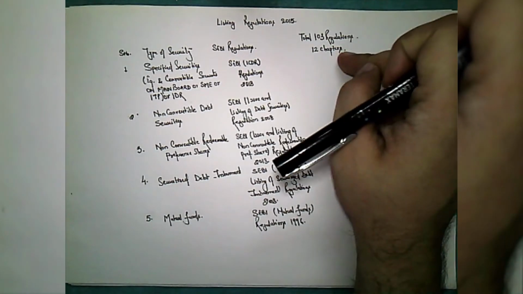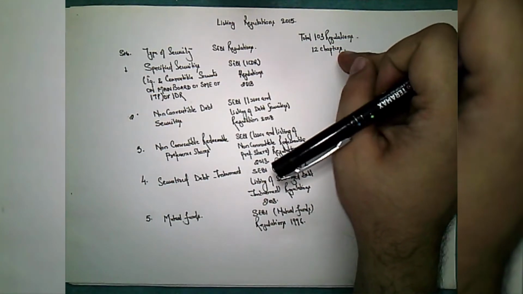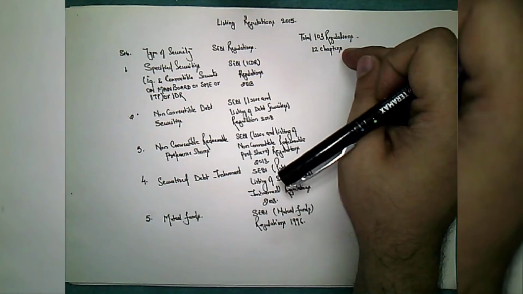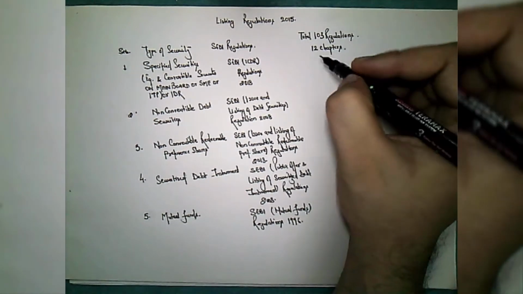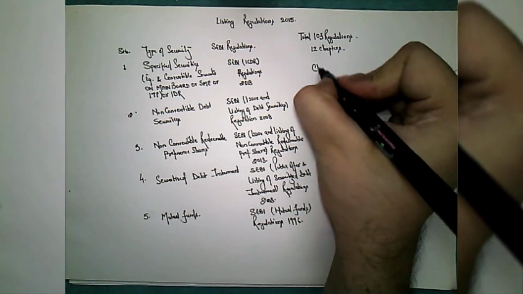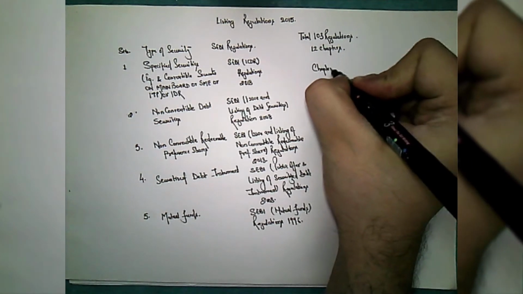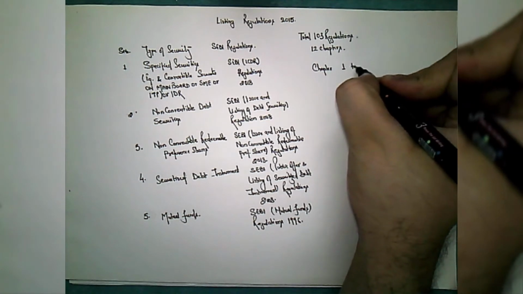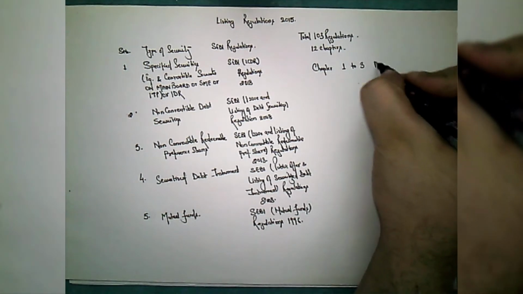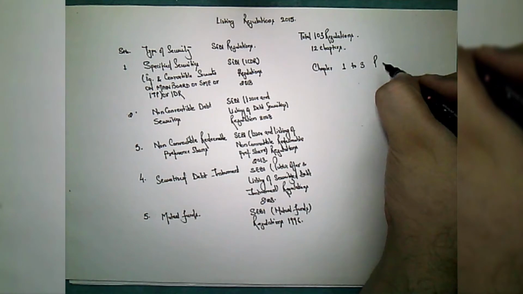This is what we're going to start off with, and to which we will start from understanding the very first chapter, that is from 1 to 3, that is preliminary.